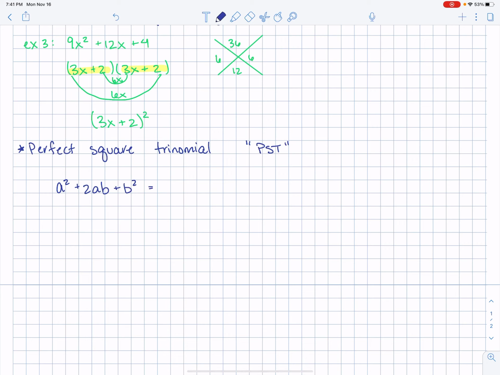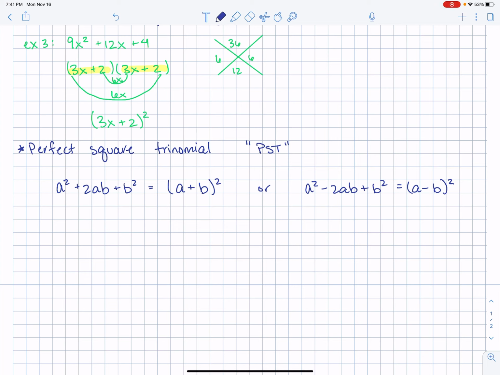So when you factor this guy out, you actually just end up with your first term plus your last term, squared. Or if you have that middle term in there where it's a minus, got to check for that guy because you might end up factoring this as a minus b squared.